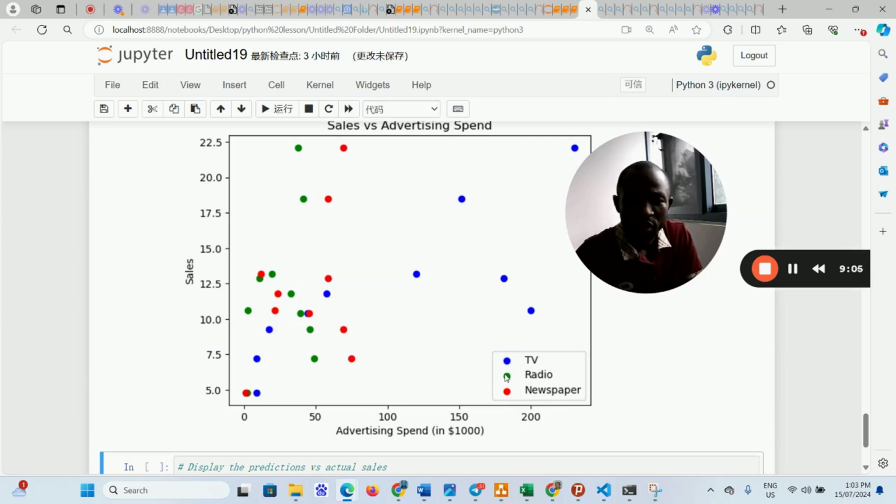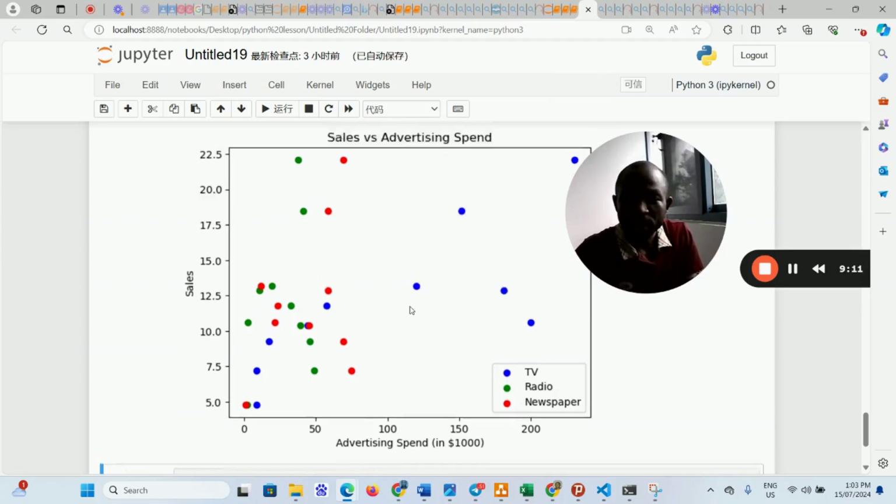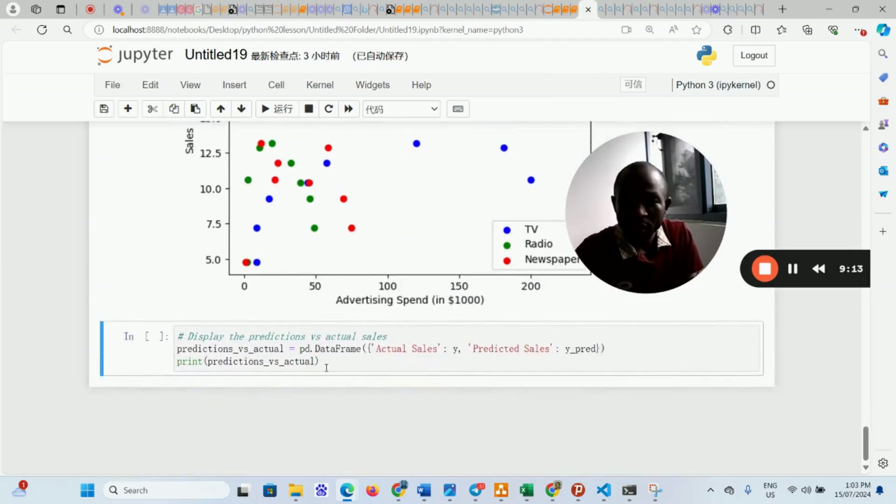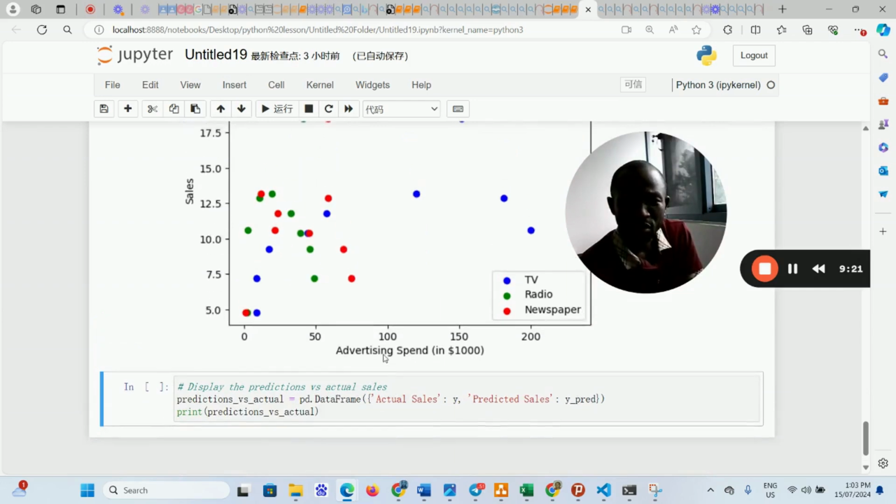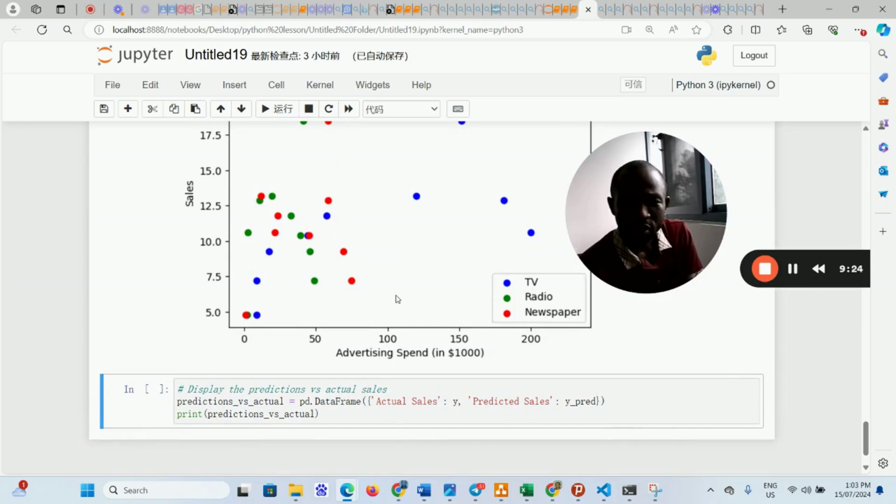TV has blue, radio has green, and newspaper has red. I've written this code to display the prediction versus actual sale. I wanted to know the prediction with the actual sale. So we run it now.